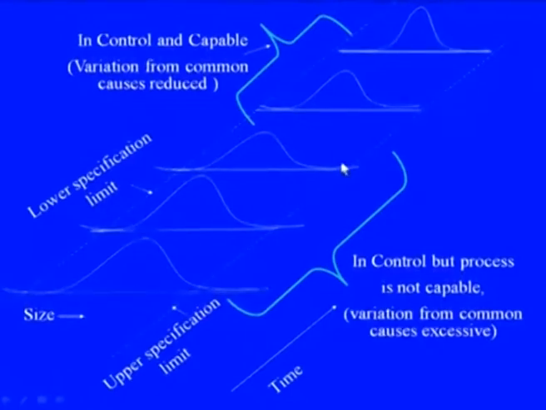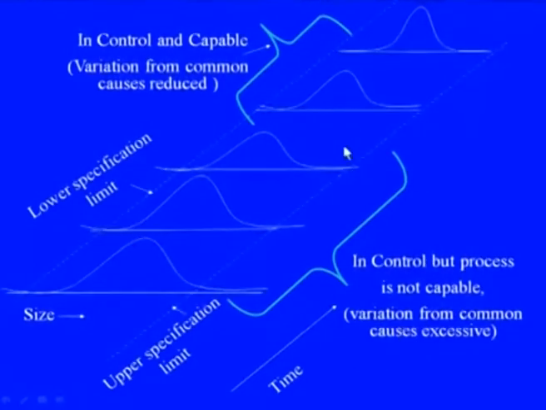So, in these cases we can interpret that these processes are in control, but the process is not capable, since they are going beyond these control limits. So, this can be variation from common causes of excessive.